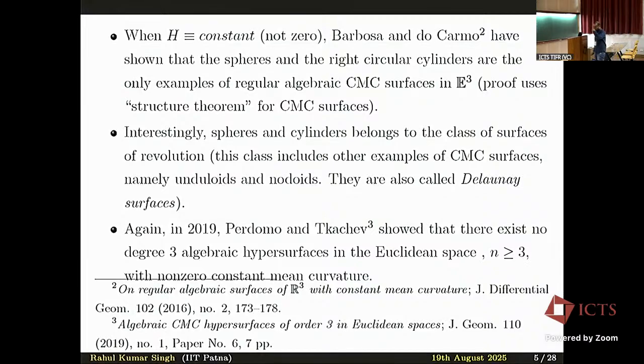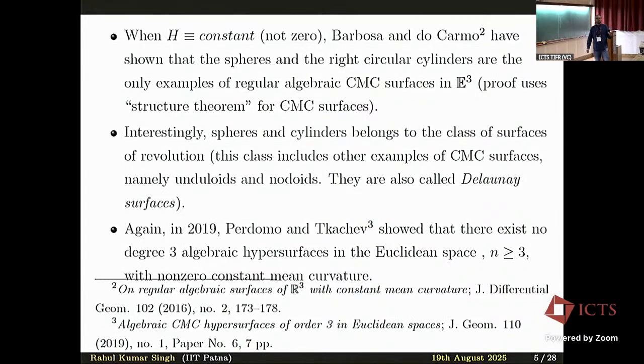When I was telling you that do Carmo and Barbosa obtained the result that there are no regular algebraic surfaces in Euclidean space except sphere and cylinder, there is a generalization of this problem in the same paper, where they asked about higher dimension, say R^(n+1): if you are searching for regular algebraic hypersurfaces, what are the examples?